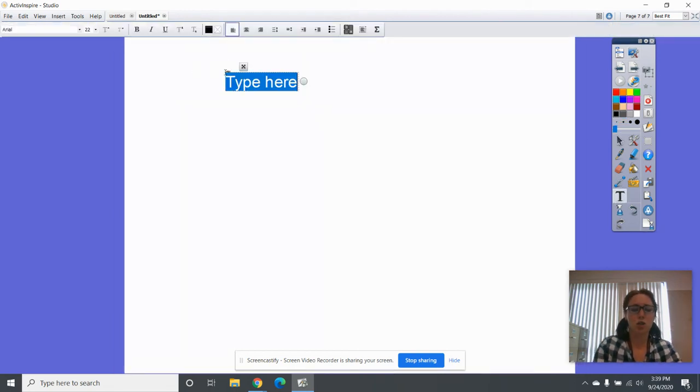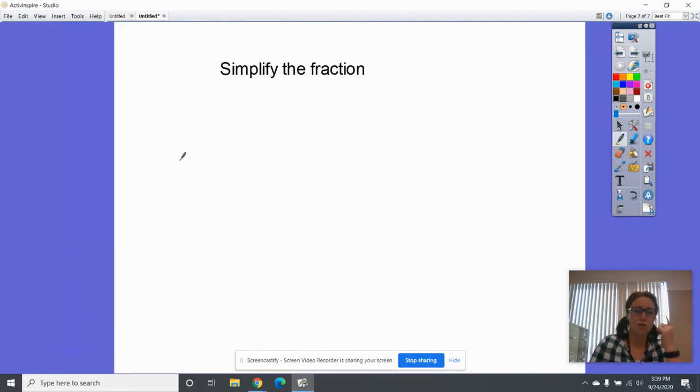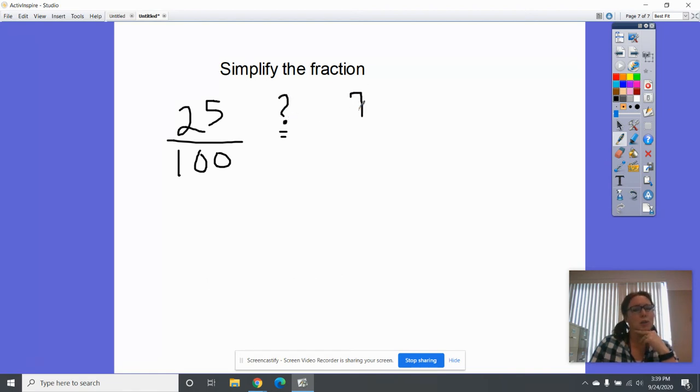Second way is to simplify the fraction into its simplest form. So what if we have something like 25 over 100? And we're saying, hey, curious, is that proportional to 75 over 300?